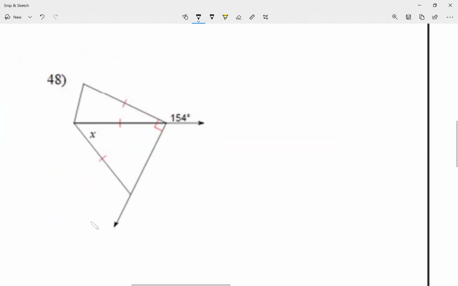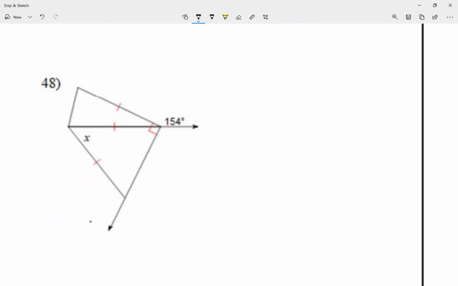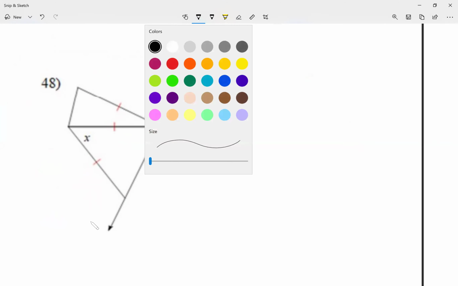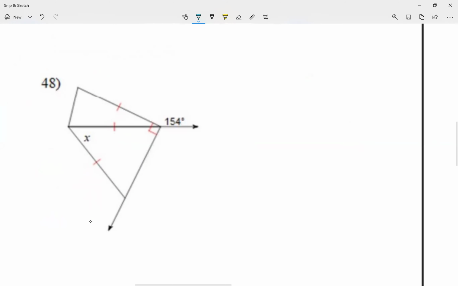Let's take a look at number 48 here. I'm going to start with the number there, 154. I'm going to say this is 154. I can solve this other angle here. Combined is 180, right? So 180 minus 154 is 26. So this little corner here is 26.